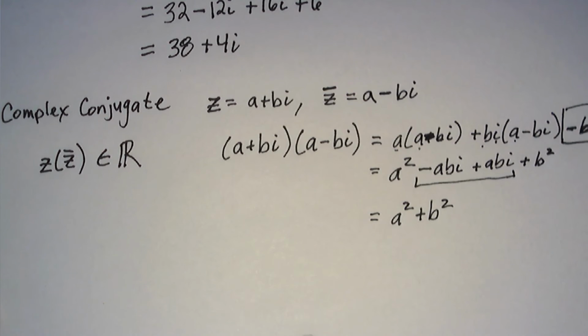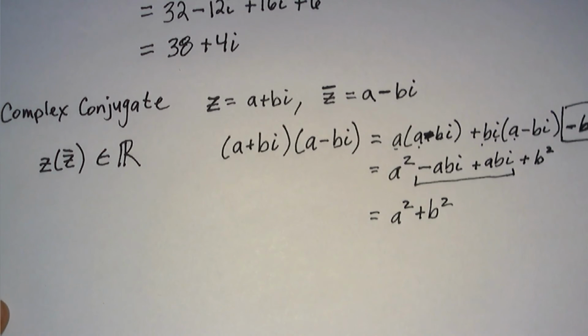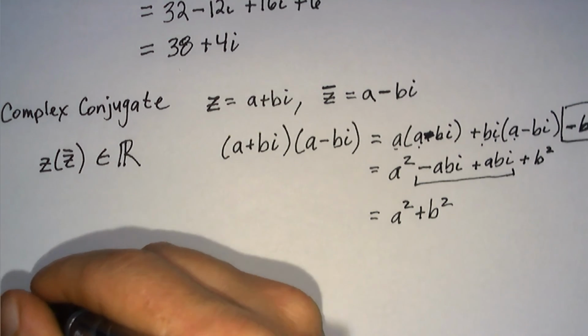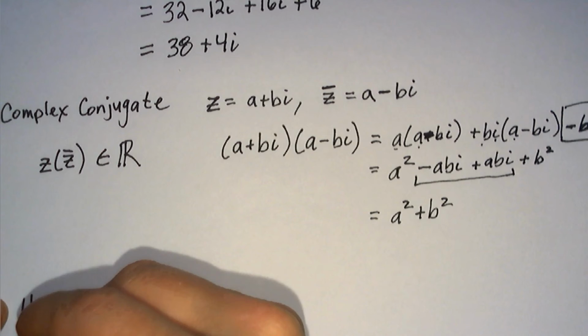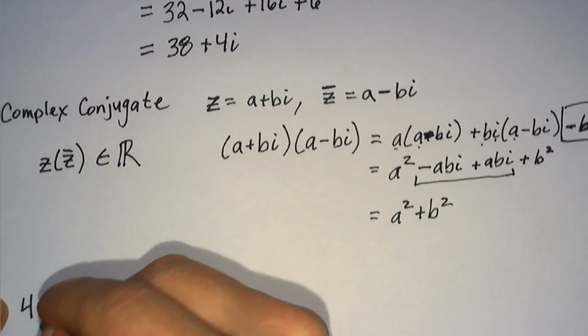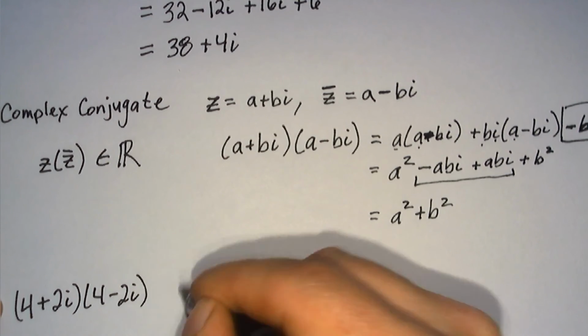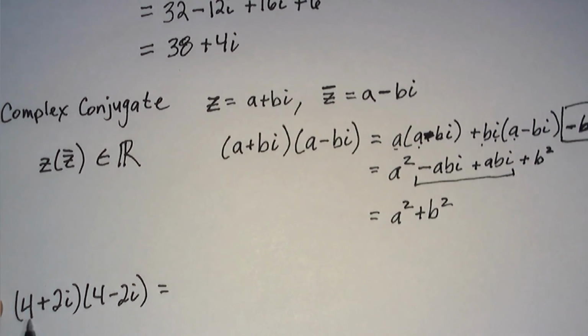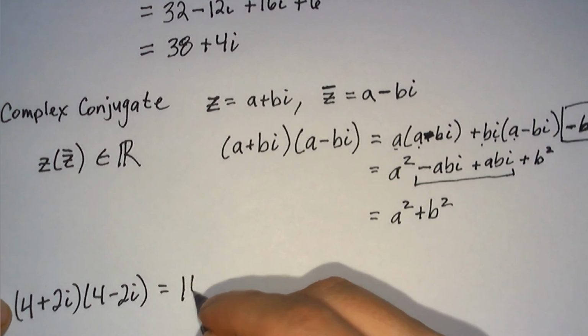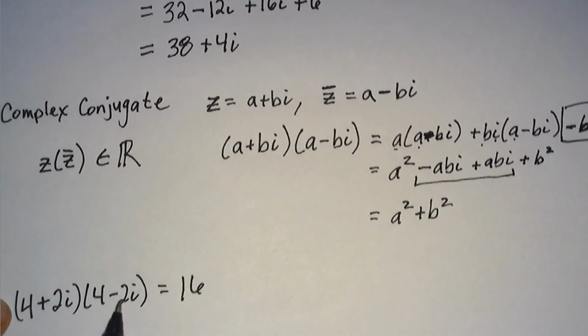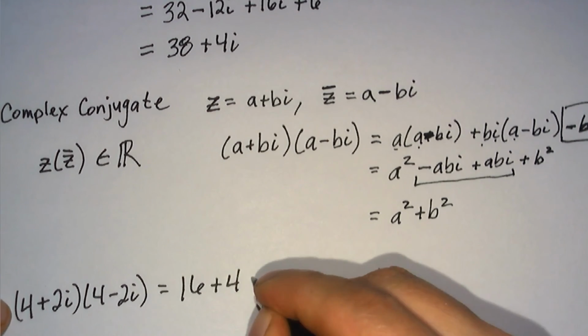Let's look at an example here. Let's say we have 4 plus 2i times 4 minus 2i. So this is going to be 4 times 4 is 16 plus 2 times 2, which is 20.